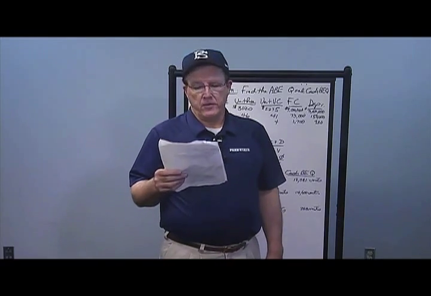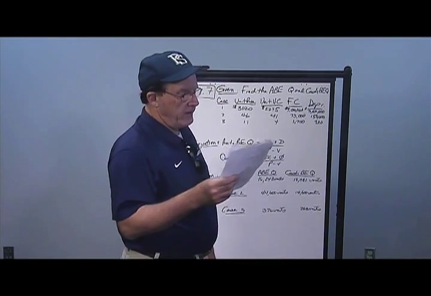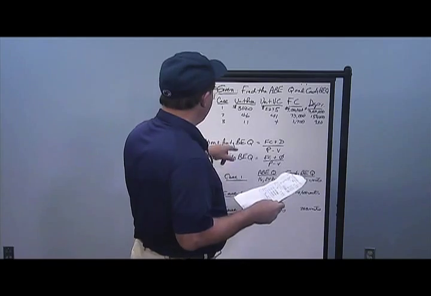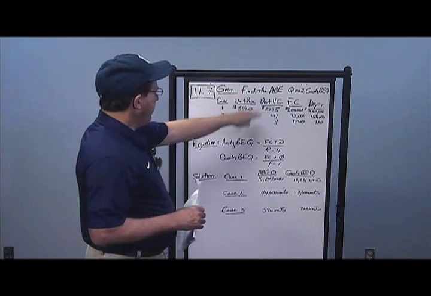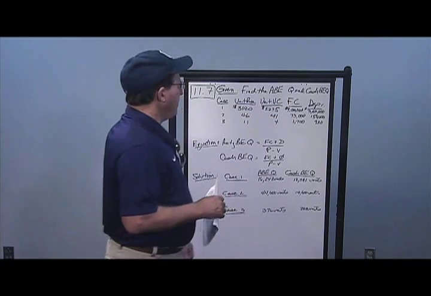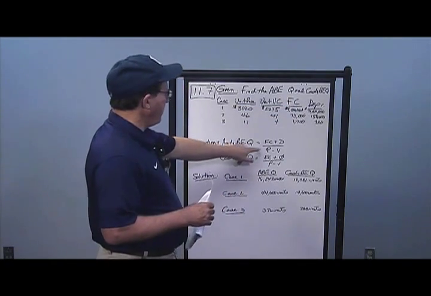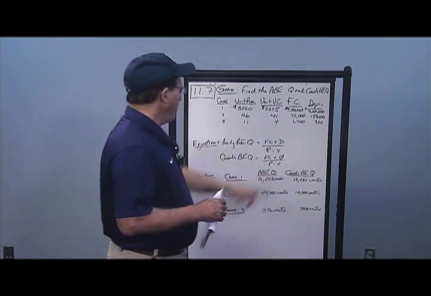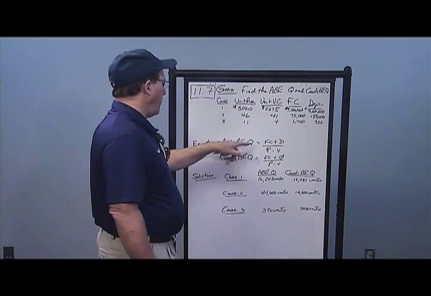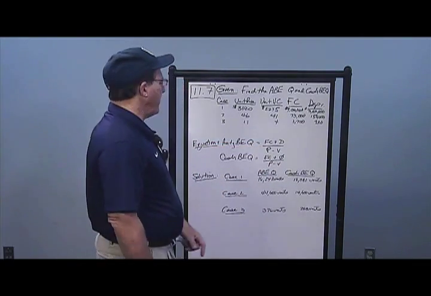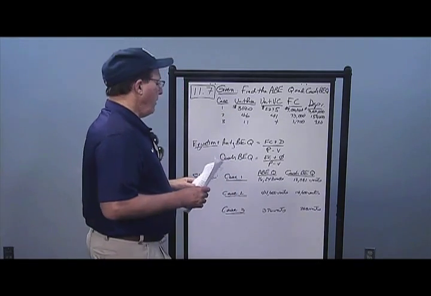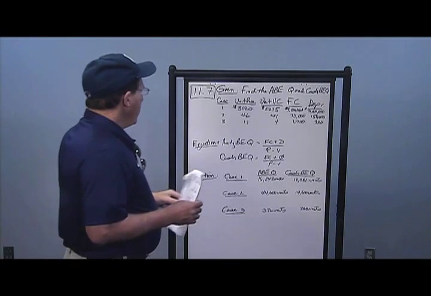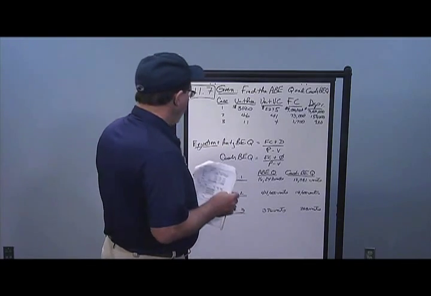In problem 11.7, we have 3 cases, and we want to find the accounting break-even and the cash break-even quantities. Here are your givens for unit price, unit variable cost, fixed cost, and depreciation, and we simply plug these numbers into these 2 equations. Accounting break-even quantity is fixed cost plus D over P minus V, and cash break-even quantity is fixed cost plus 0 over P minus V. So in this first case, I'll do one case and then you can do the rest.